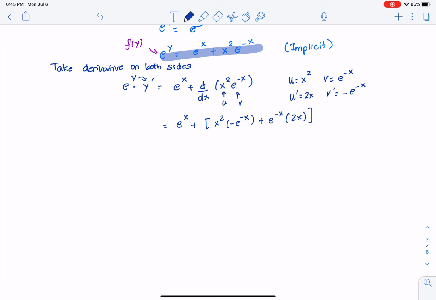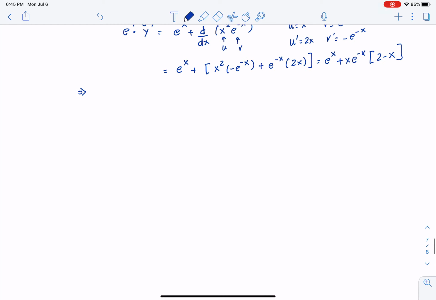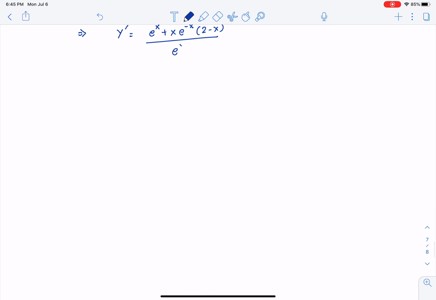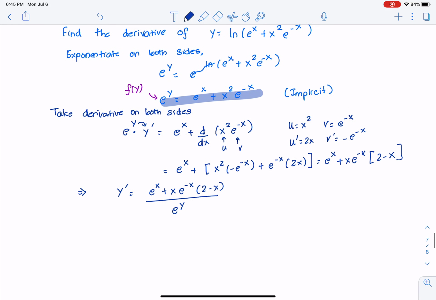We have an x in common, e raised negative x in common. If I pull that out, I end up getting that. So which would mean y prime is equal to e raised x plus x e raised negative x multiplied by 2 minus x, divided by e raised y. But I know e raised y is given in the problem.